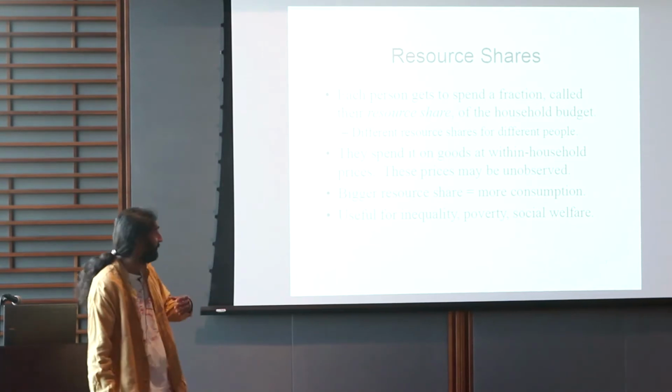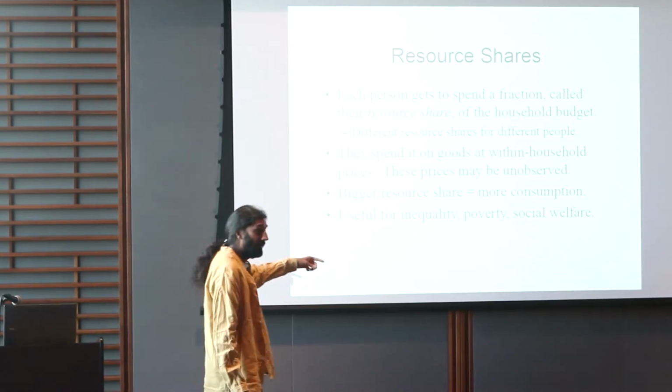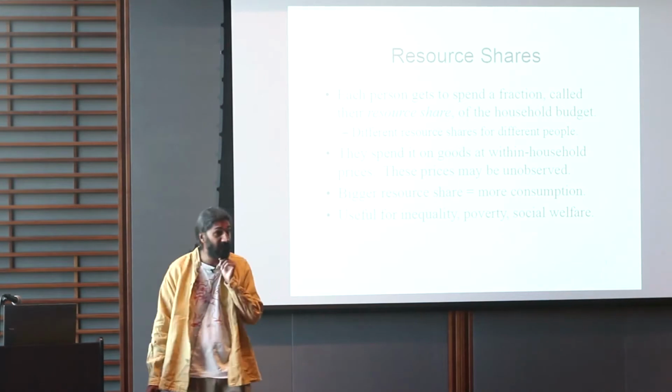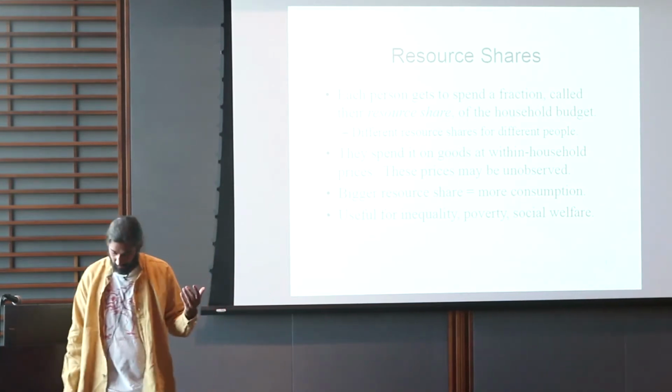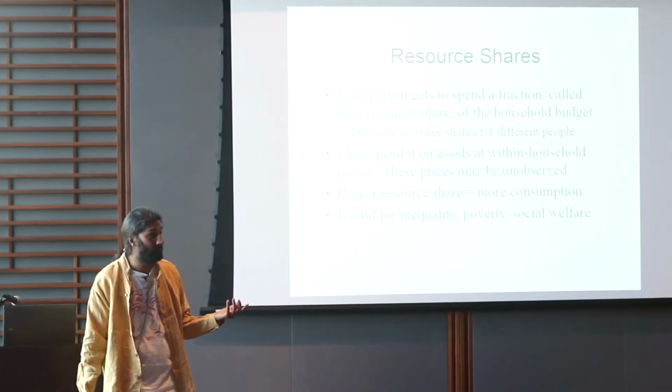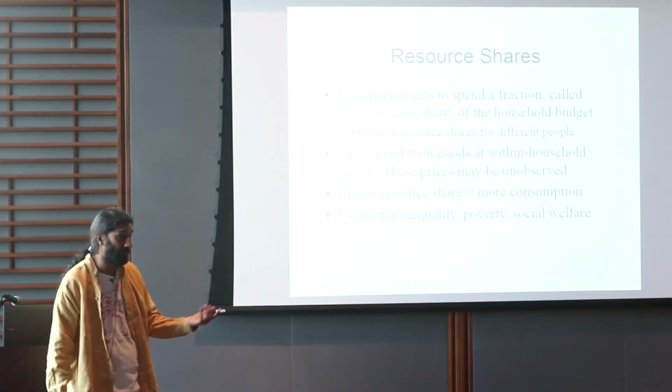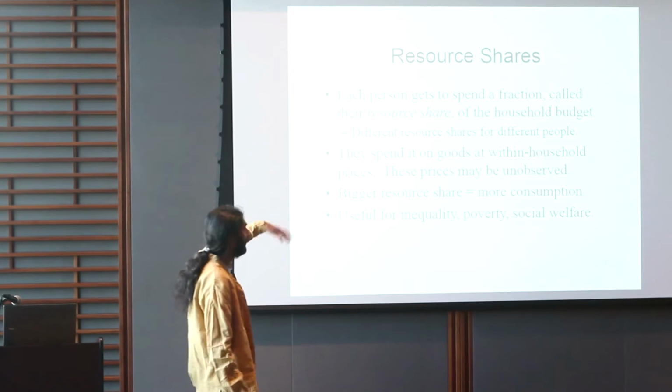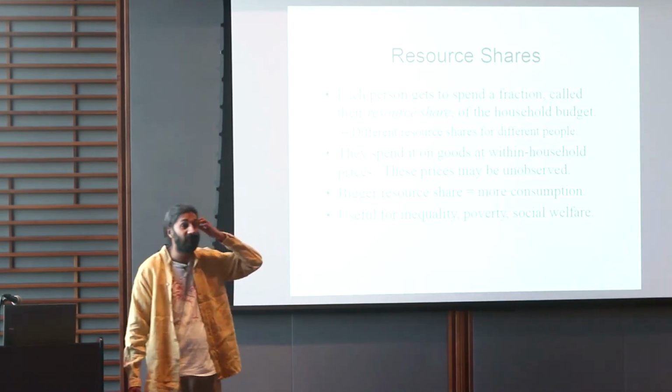Some could be poor and some could be non-poor. And in particular, in the Malawian data that we looked at, only about 65% of men were poor, but like 90% of women were poor. So this within-household inequality that you can illuminate by looking at resource shares can be big.